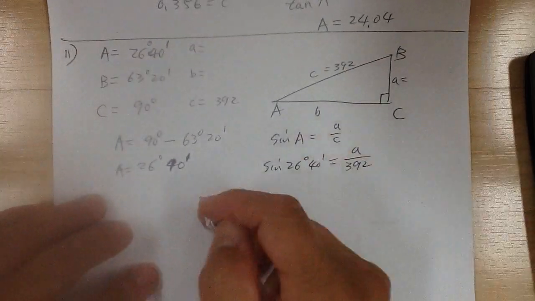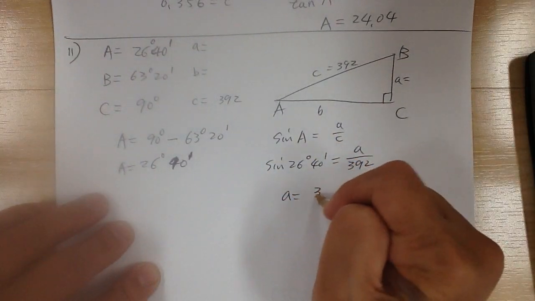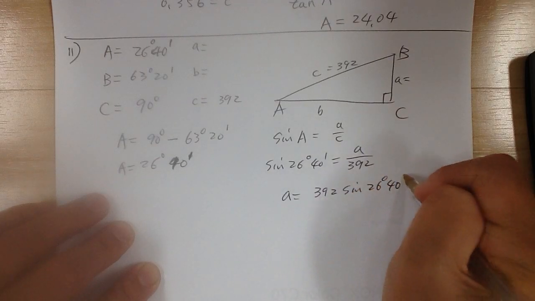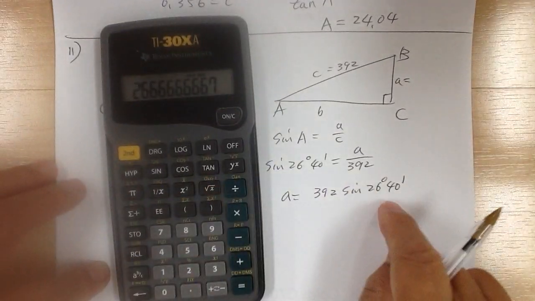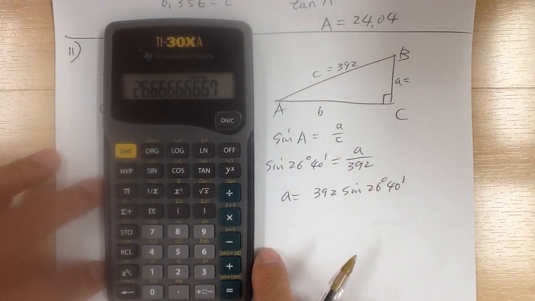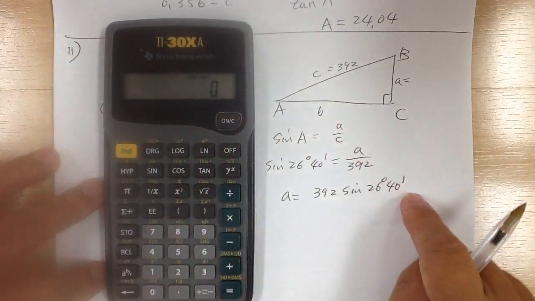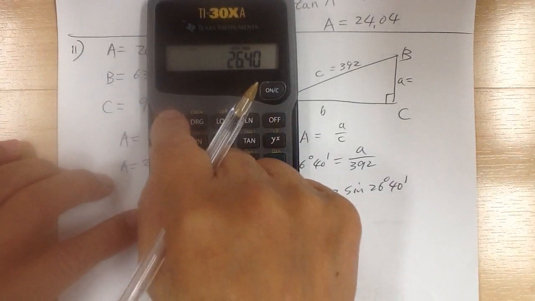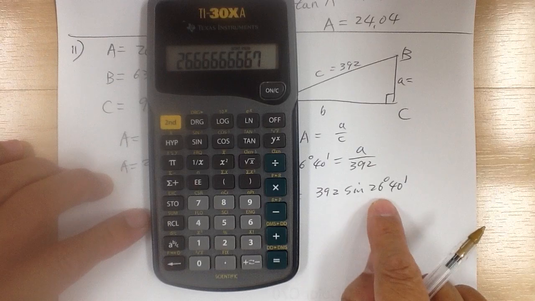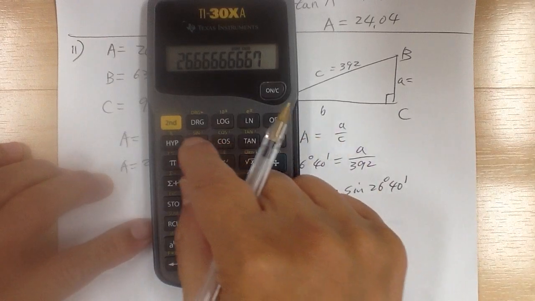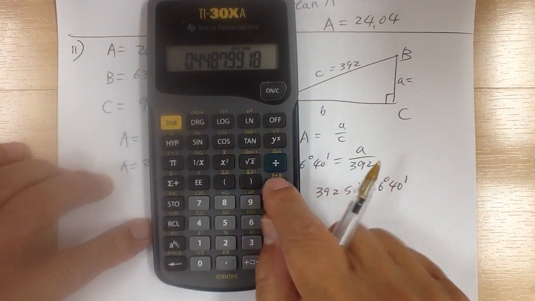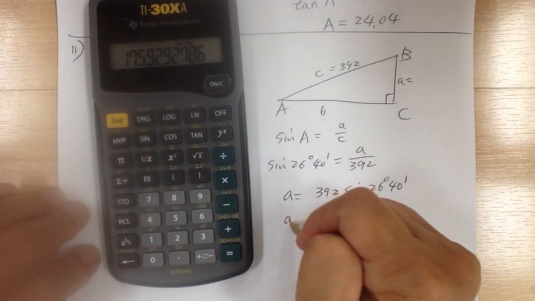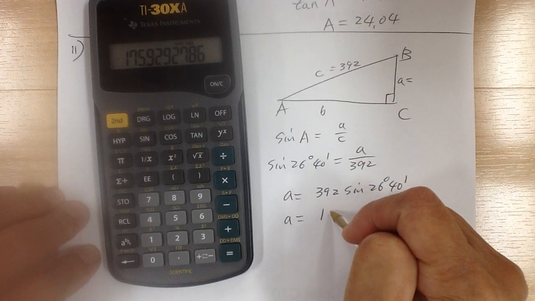Cross multiply, so A equal to 392 sine of 26 degrees 40 minutes. If you start all over, you enter 26.40, convert to decimal degrees first, then do the sine function, then times it by 392 and push equal. So A is going to be equal to 175.9.